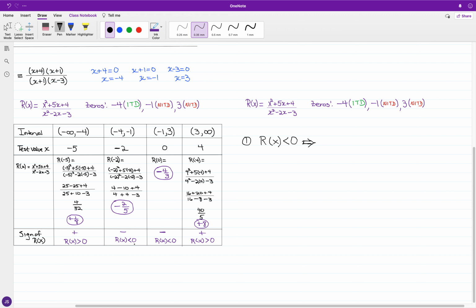So where r of x is less than 0, you have the middle two interval sections: those values between -4 and -1, along with those values of x between -1 and +3.